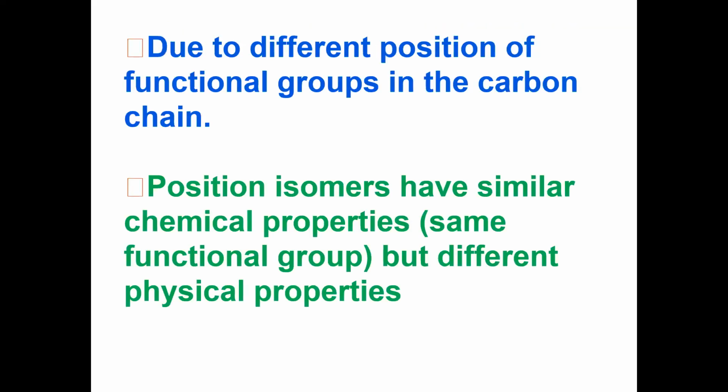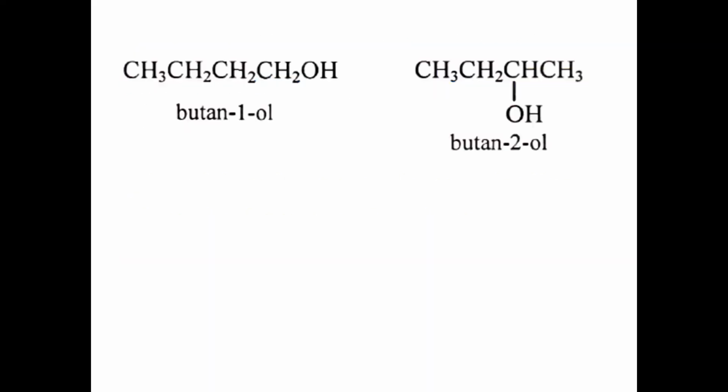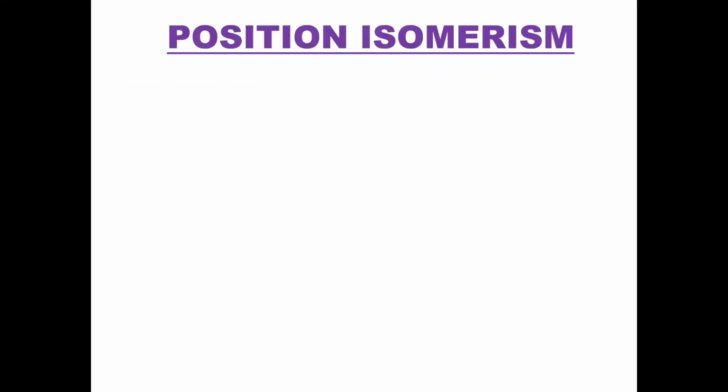It is an isomerism which is produced due to change of position of an isomer. So after giving the heading, give the heading position isomerism and write under it, this is a type of structural isomerism.